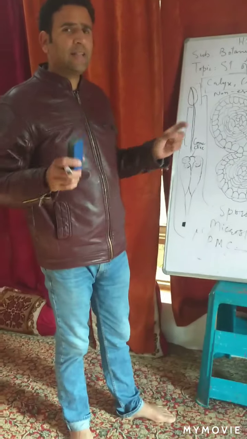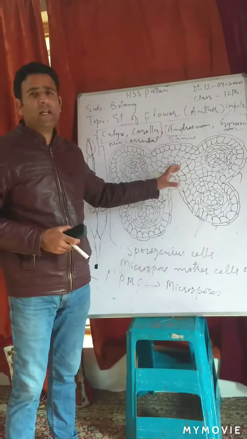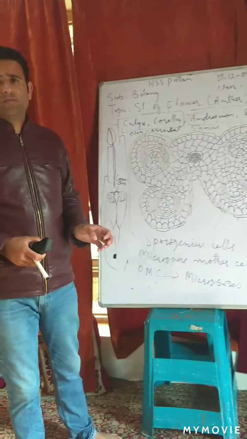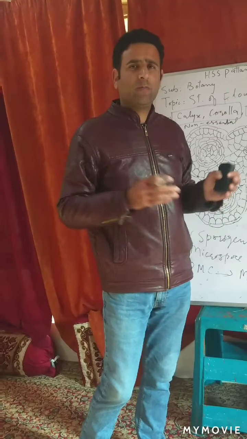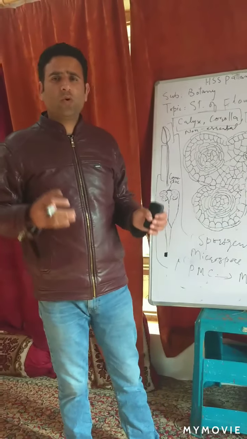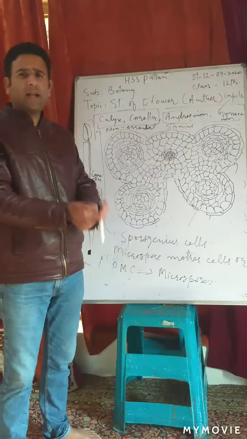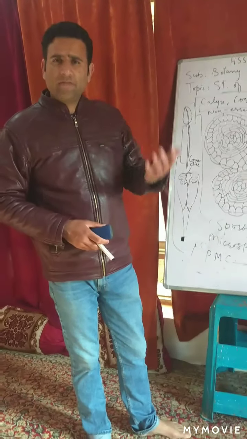For that to take place, these have to change from diploid stage to haploid stage. When these form gametes, after their fusion in fertilization, the diploid stage is restored in the plant life cycle.